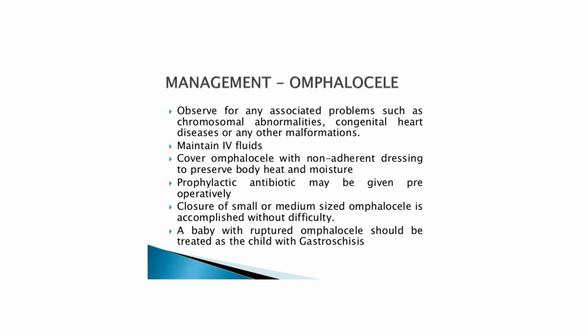So if we have a case of an omphalocele baby, first we need to observe whether the baby has another kind of chromosomal abnormality, or some congenital heart disease. Okay, next we should maintain the IV fluids, and we should cover the omphalocele with a non-sticky dressing to preserve the body heat and moisture.